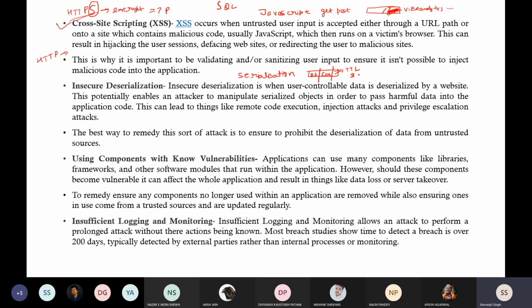What happens in deserialization is that it is the opposite of serialization. In insecure deserialization, user-controllable data is deserialized by the website. Sometimes a website can deserialize your data. It means that a serialized packet is protected by the website, but some websites do not do that.